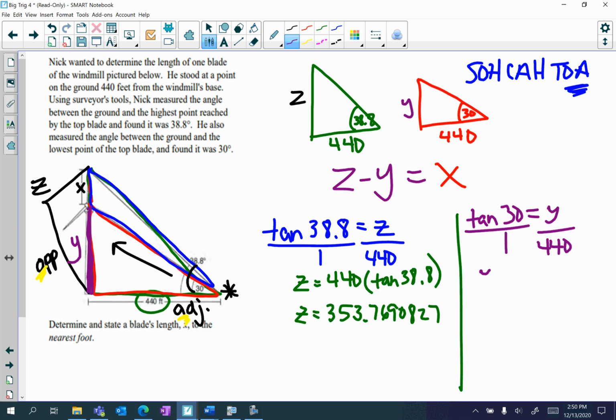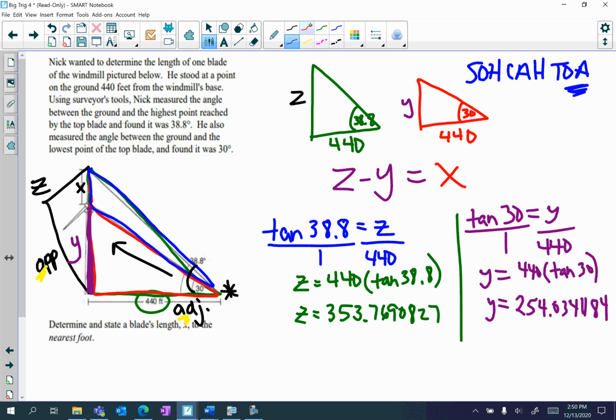Put it over 1 and cross multiply. y is equal to 440 times tan of 30. Put that into your calculator, and you end up getting 254.0341184.